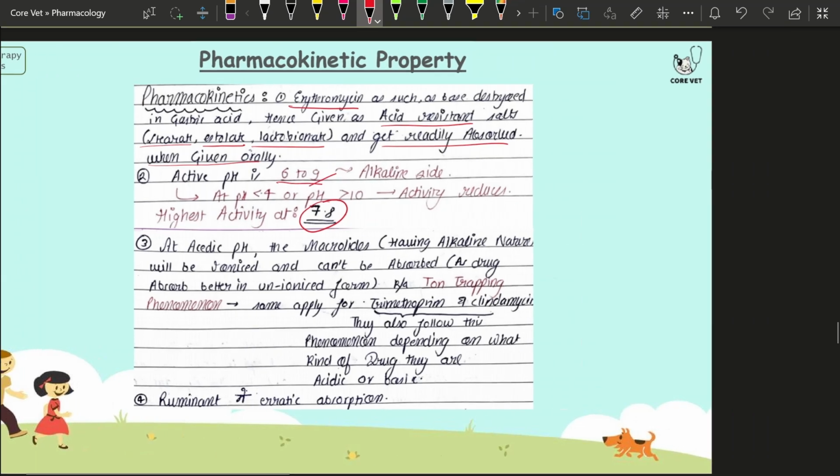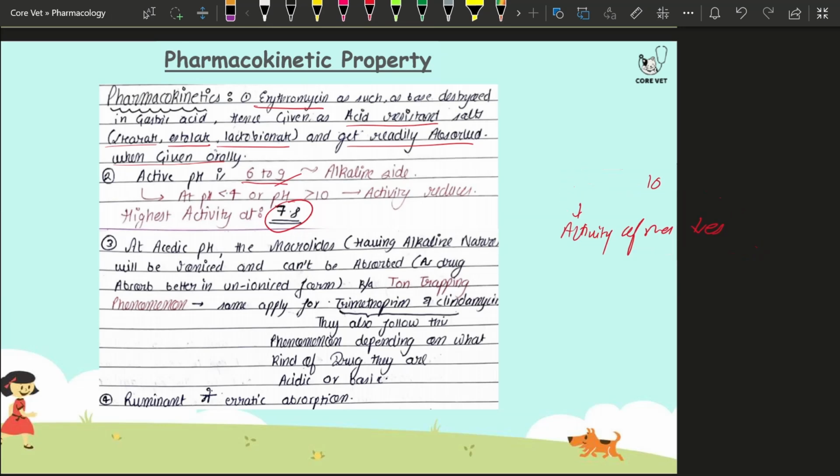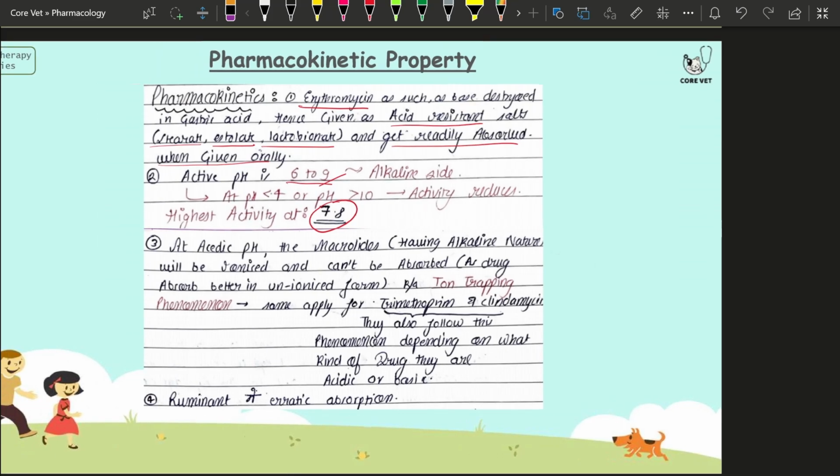But if the pH falls below 4 or goes above 10, the activity of the macrolide reduces. You should remember this: if the pH falls below 4 or increases above 10, the activity of the macrolide is going to reduce, and the highest activity is obtained at pH 7.8, right?